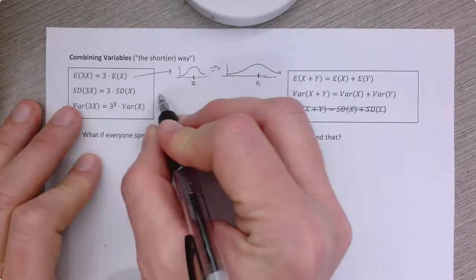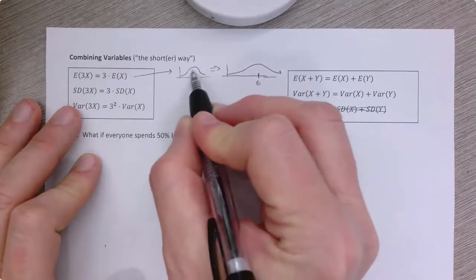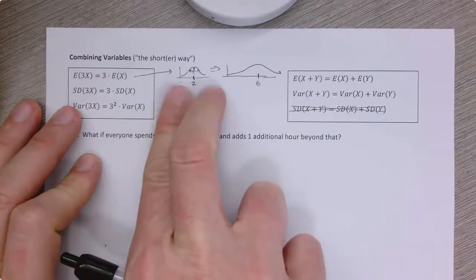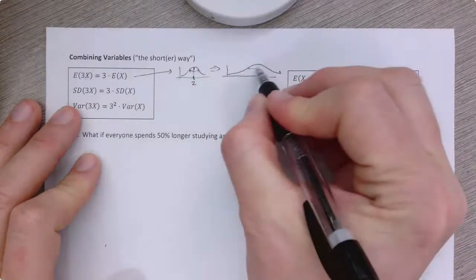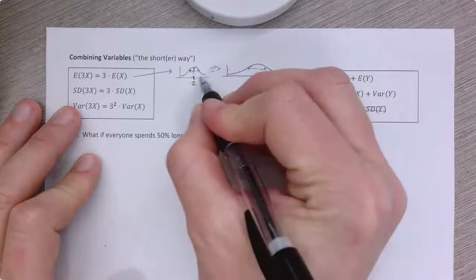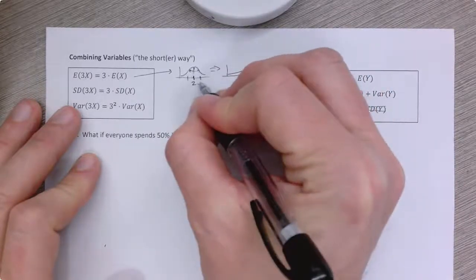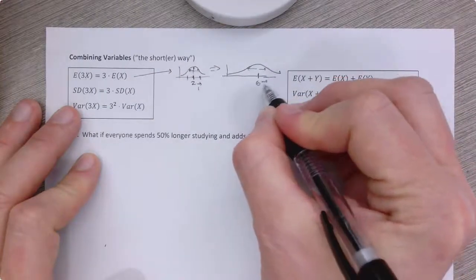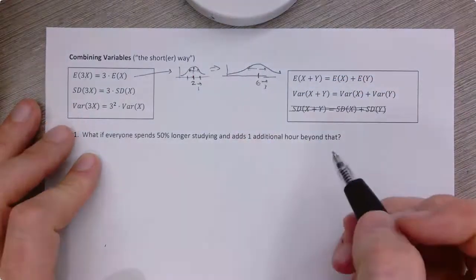Here for standard deviation as well, if your standard deviation is a measure of the spread, and I'm taking all of my values and tripling them, I am also tripling my spread. So if the standard deviation was 1, and I triple all my values, the standard deviation is going to also triple to be 3.